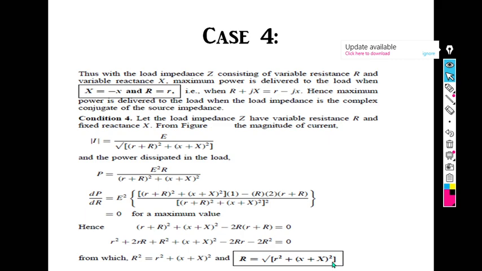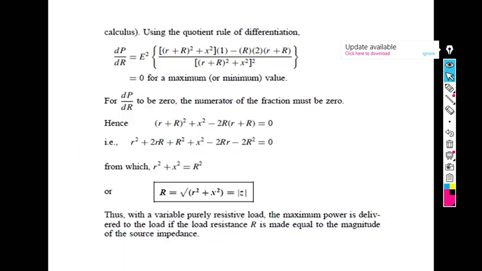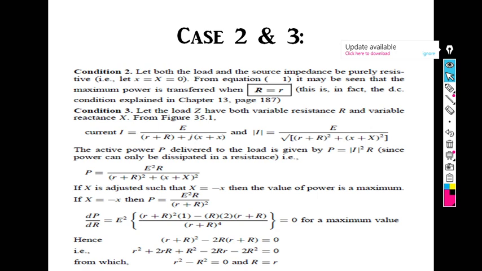So what we have seen: the first case, that load resistance equal to source impedance, maximum power will transfer. Only resistance is present, so when load resistance is equal to source resistance, maximum power will transfer.